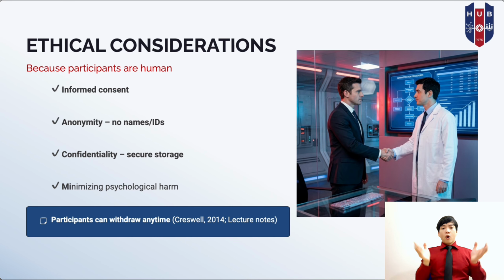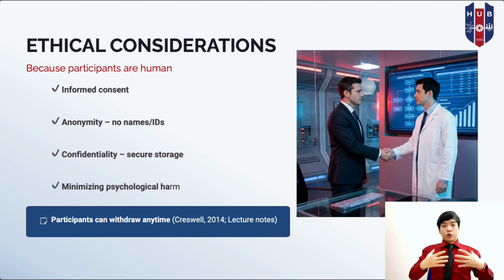We also avoid questions that may cause embarrassment or emotional distress, especially in academic settings where students may fear being judged. Ethical practice increases trust, and trust leads to more honest and valid responses. So ethical considerations are not just a requirement, they directly improve the data quality.